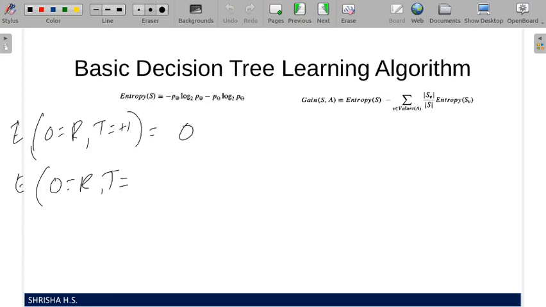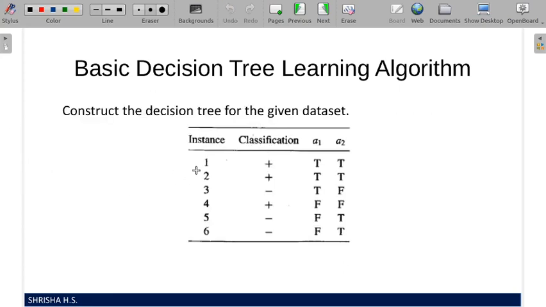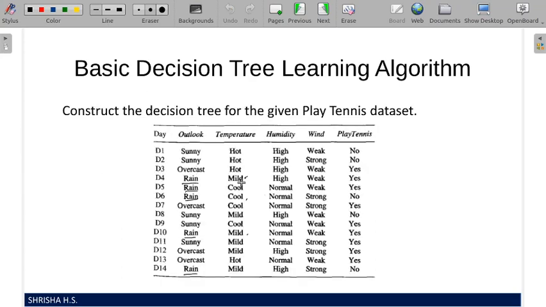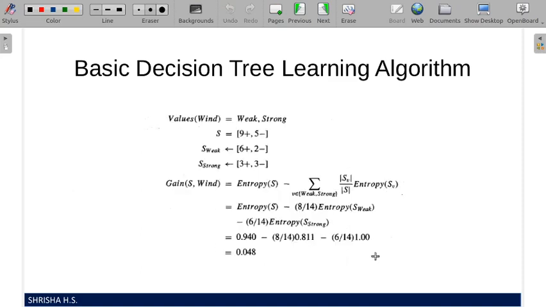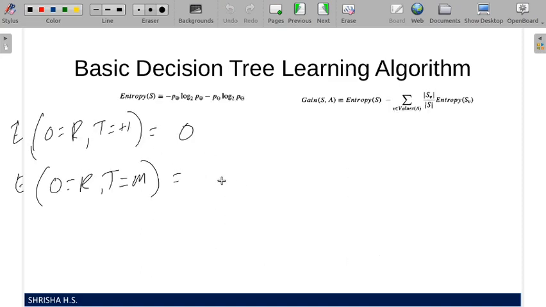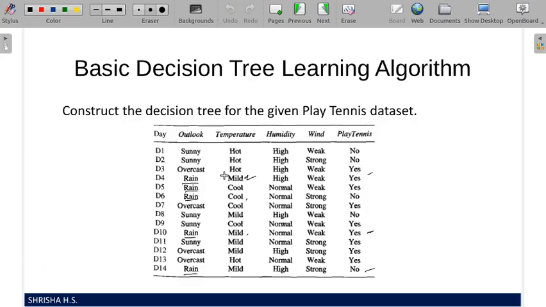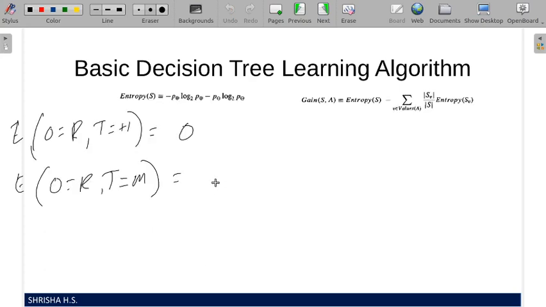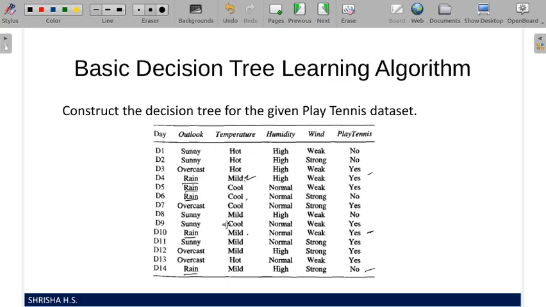Let's see, rain mild, one is a positive example, another rain mild is also a positive example, and we have a negative example also for the rain and mild combination.